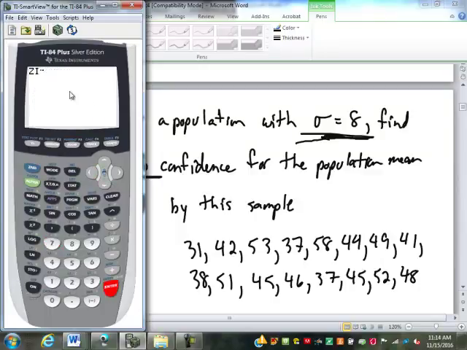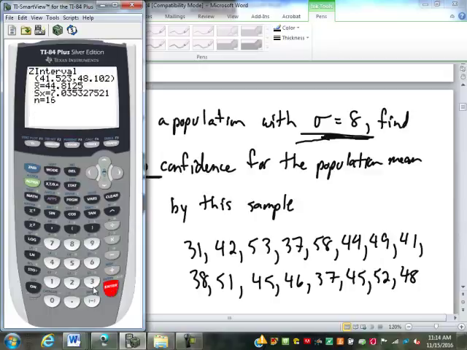I've got the lists. My population standard deviation that's given is 8. I am in list 1, so I have to do second 1 to make that L1. Frequency is 1. Your frequency you're always going to want to leave as 1. What that's saying is if you've got numbers that are repeated a lot, you can enter them in once and have the repetition handled there. C-level is going to be 0.9 because 90%.